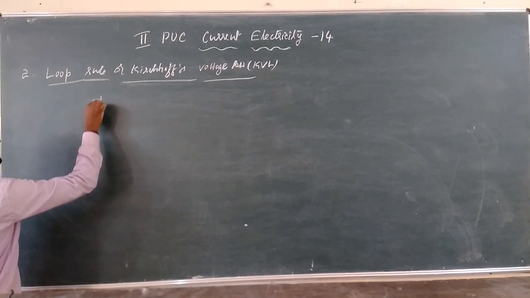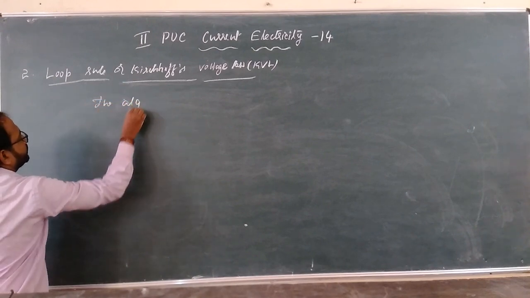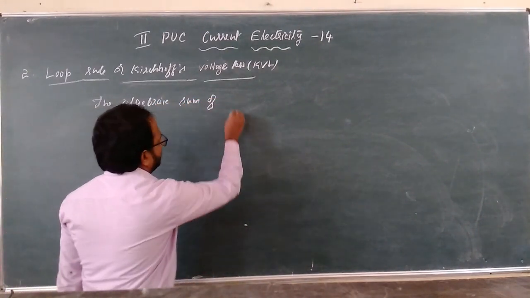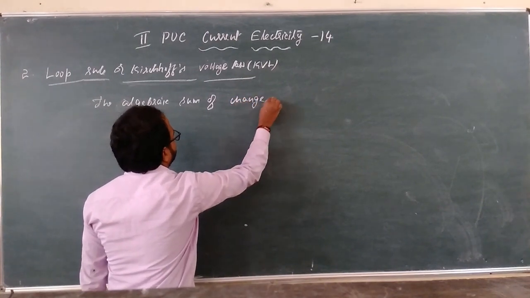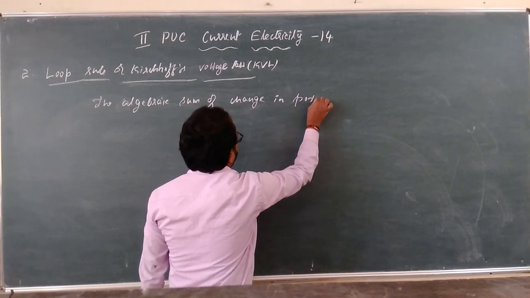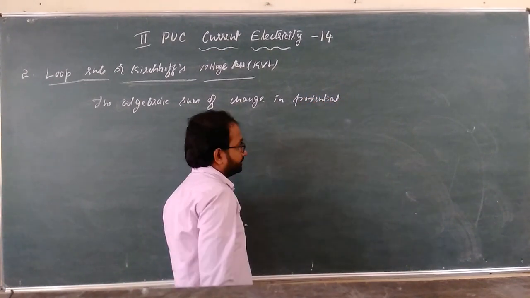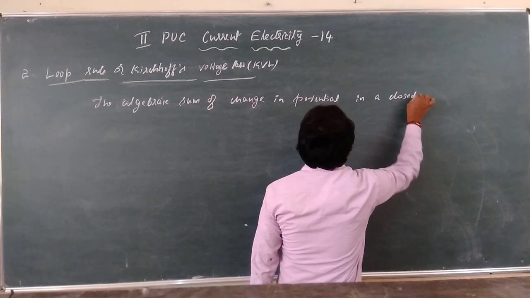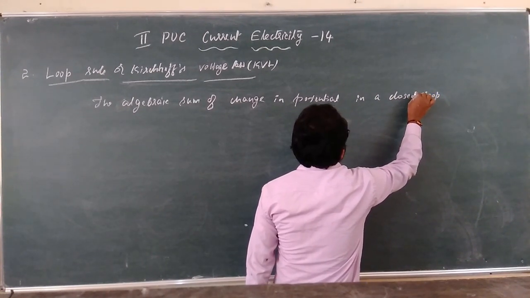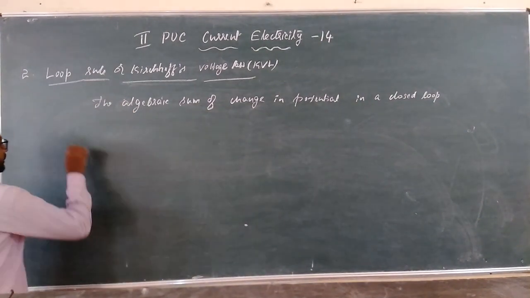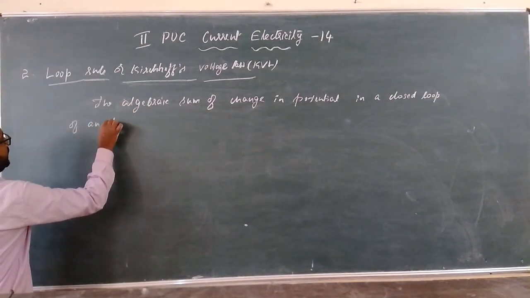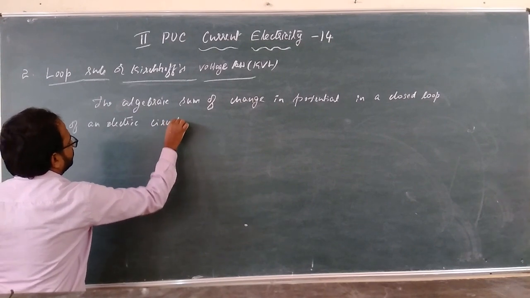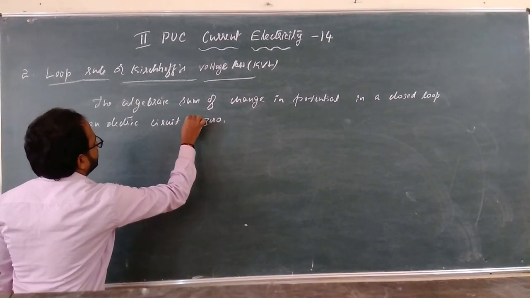So it says the algebraic sum of change in potential in a closed loop of an electrical network is 0.